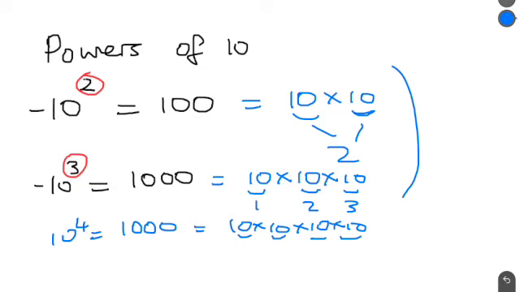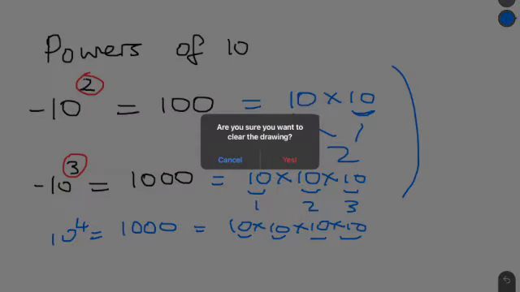Let's see what happens if we multiply or divide powers of 10. Let's see what happens when we multiply. So let's say we have 10 to the second power multiplied by 10 to the fifth power.